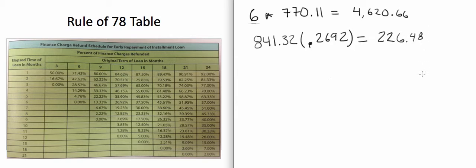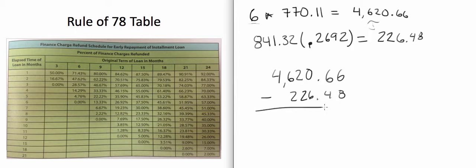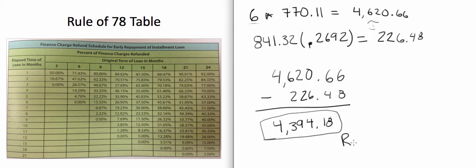So now we're going to subtract these two numbers. So 4,620.66 minus 226.48. Subtract those two numbers, we get an answer of $4,394.18. That is the amount that we're going to have to repay. So that's our repay amount.